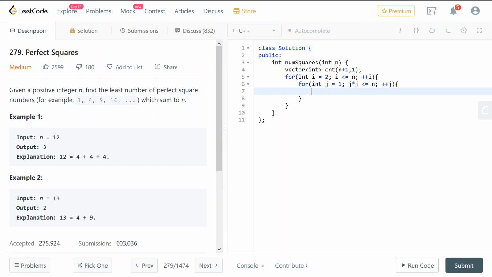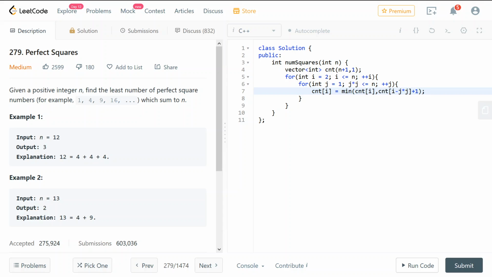So cnt i will be the min of cnt i and cnt i minus j times j, plus 1.